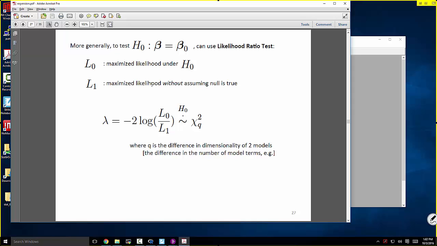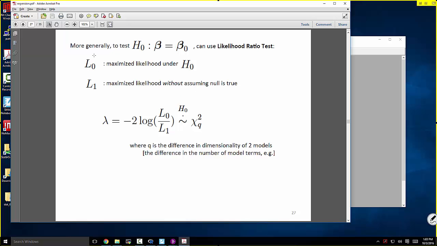We could fit our model to the data and wind up with a likelihood. You fit the model to the data, that gives you beta 0 hat, beta 1 hat, and sigma squared hat. Plug those into a normal distribution likelihood, that'll give you L1, the maximum likelihood achieved without making any restrictions.